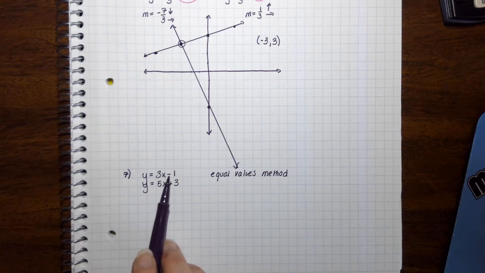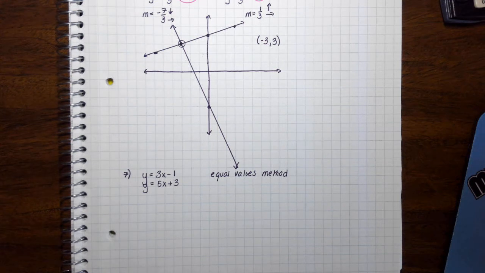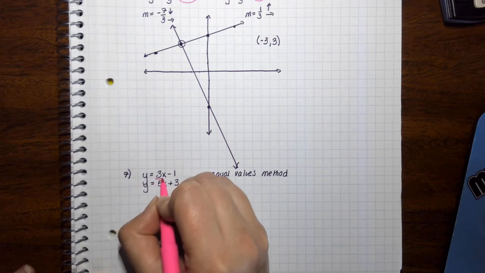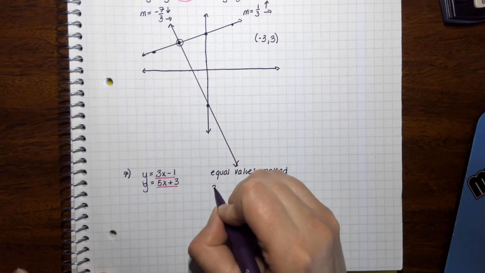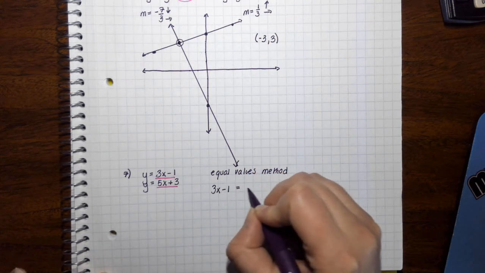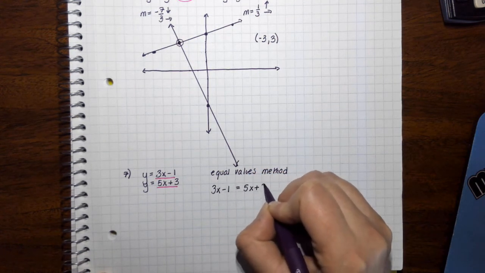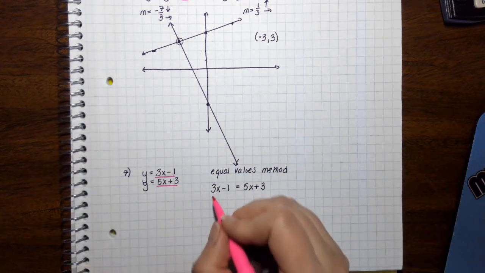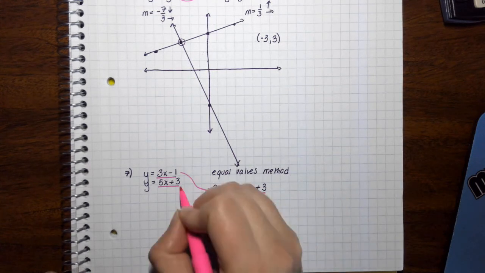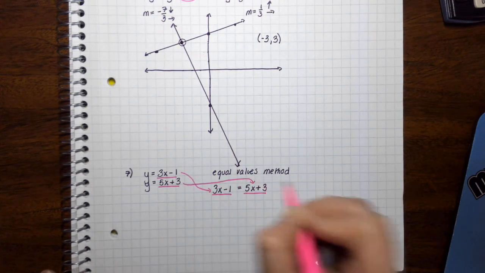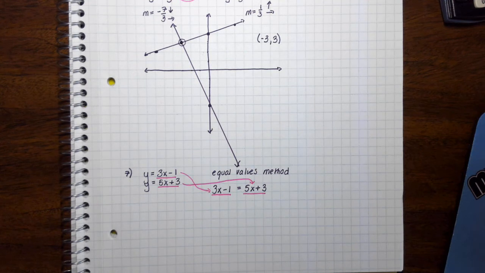And if something is equal to the same thing, then they must be equal to each other. So what you do is you take both of the pieces that are equal to y and you equal them to each other. So notice that piece went there and that piece went there. They're both equal to y, so I made them equal to each other.